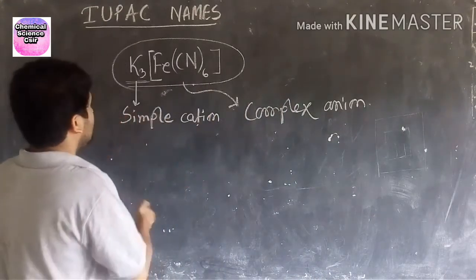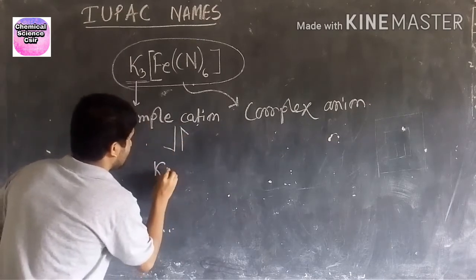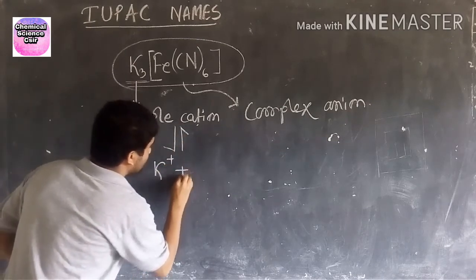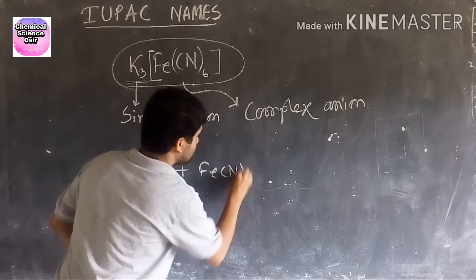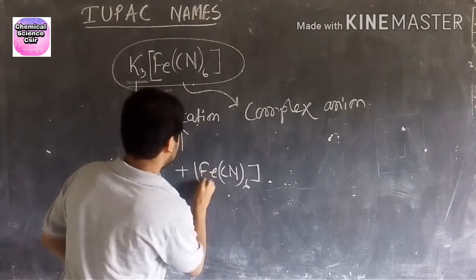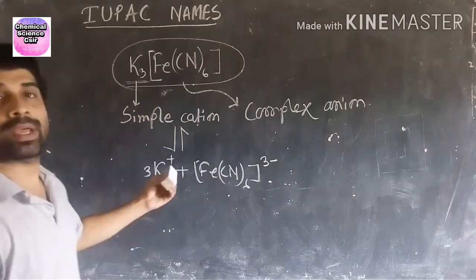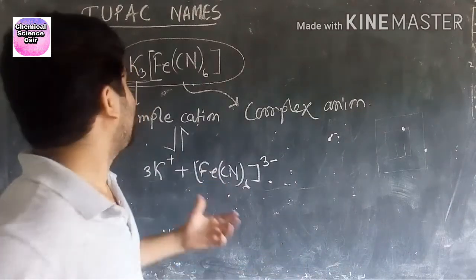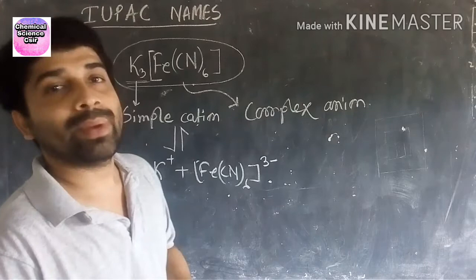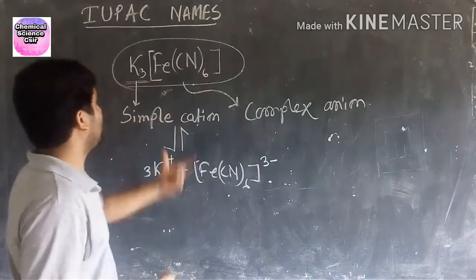You can split it like this: K plus, and Fe(CN)6 to the power 3 minus. So how can we find out the simple cation and complex anion?